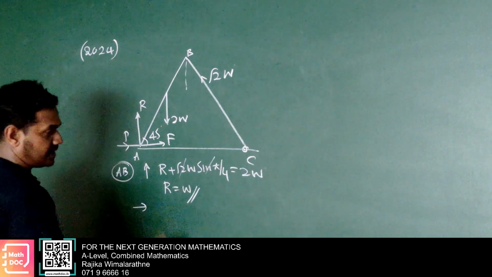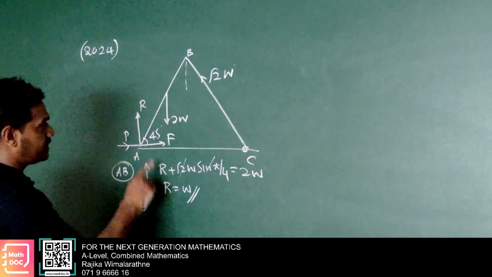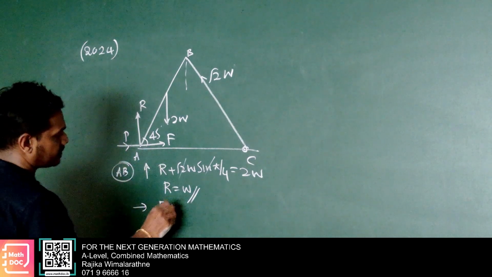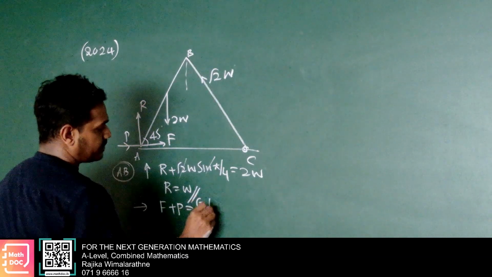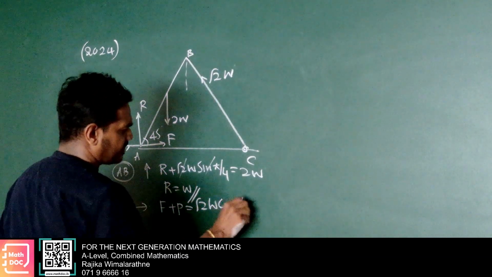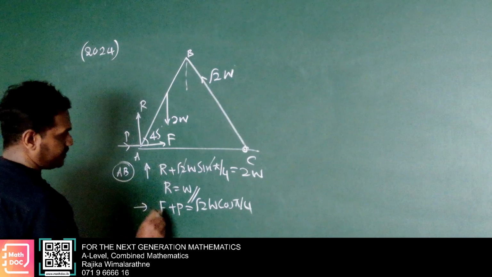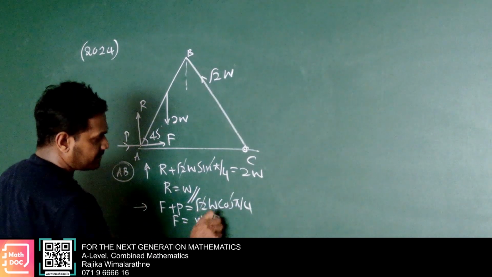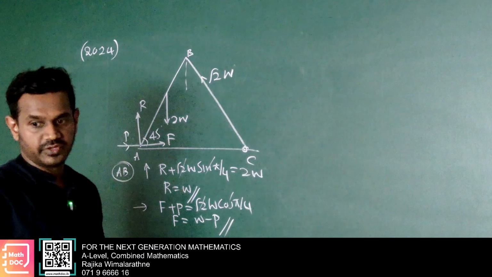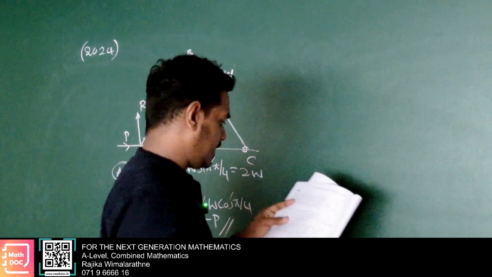Then resolve horizontally. Then F plus P. F plus P equal root 2W cos 45. Then F value equal W minus P. F value W minus P. Okay.